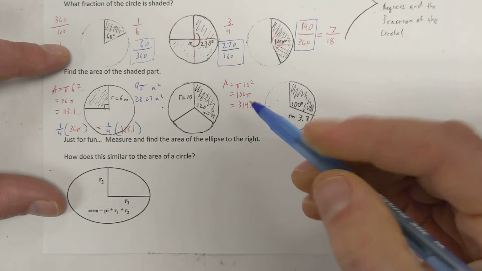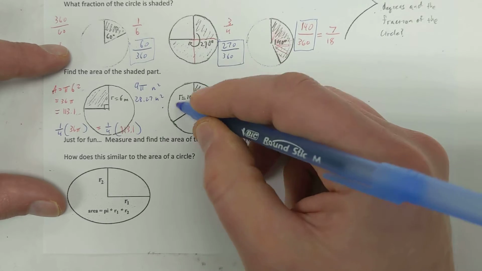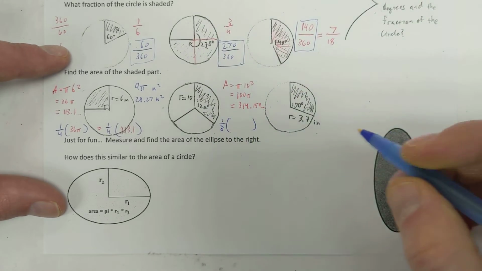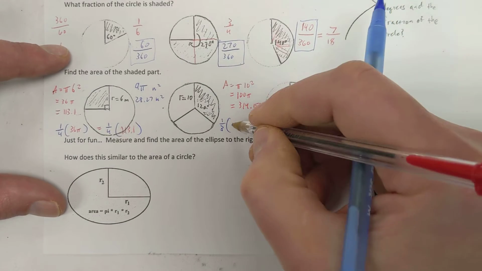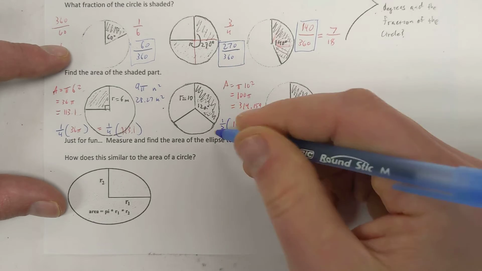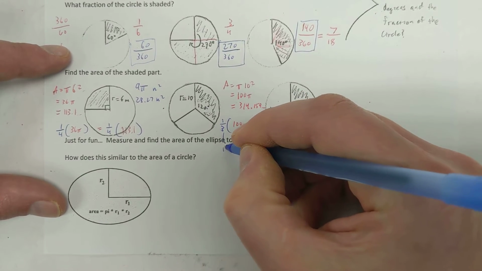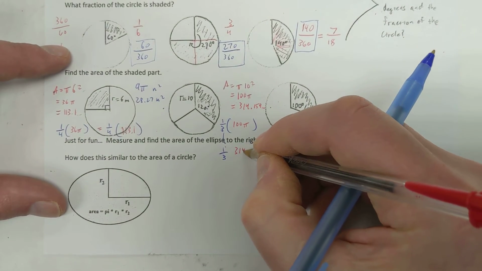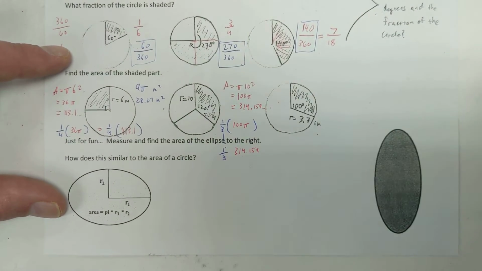But I don't want the whole thing. I only want 1/3. 1/3 of 100 pi, or 1/3 of 314.159.